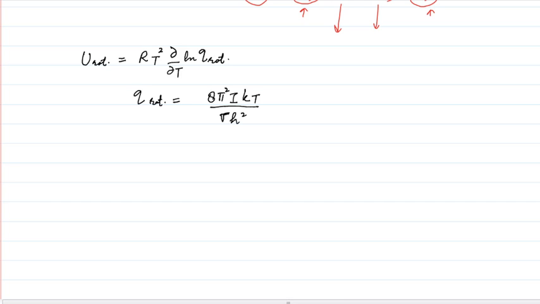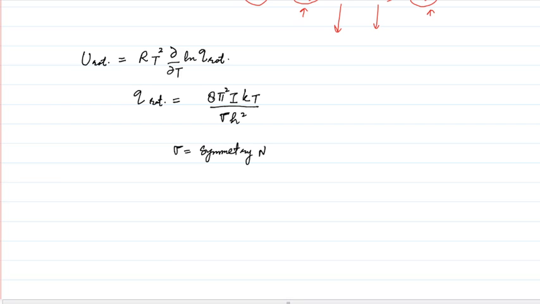Here you have to remember that this sigma is the symmetry number. Suppose you have a diatomic molecule. By only rotating the molecule, how many identical configurations you will get? That will be equal to this symmetry number.